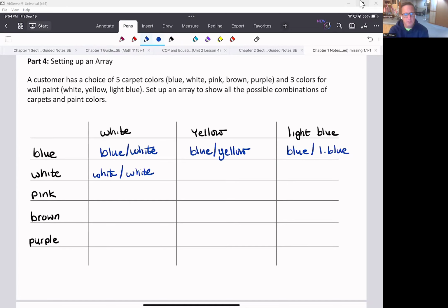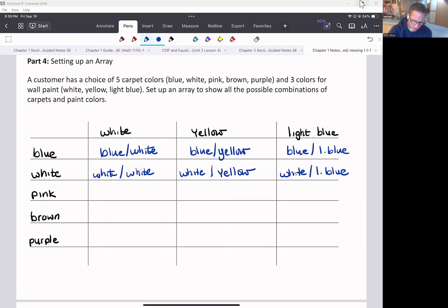Okay, that's the color of an insane asylum. And then white carpet with yellow paint, I guess. And we've got white with light blue.